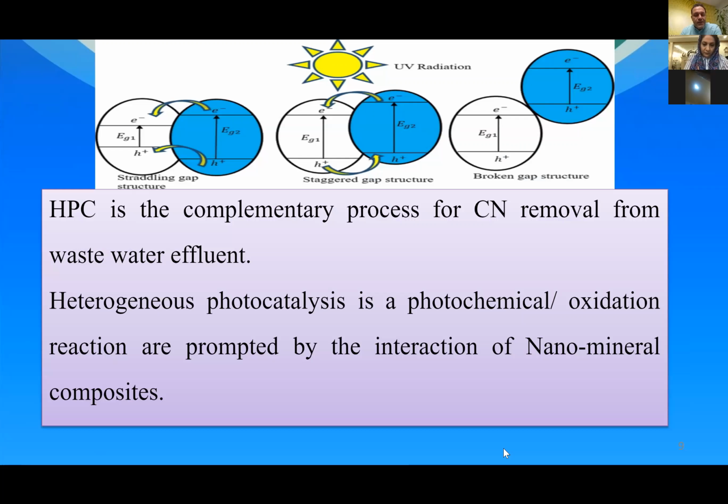Heterogeneous photocatalysis, which we call HPC, is the complementary process for CN removal from wastewater effluent. Heterogeneous photocatalysis is a photochemical oxidation reaction prompted by the interaction of nano-mineral composites.